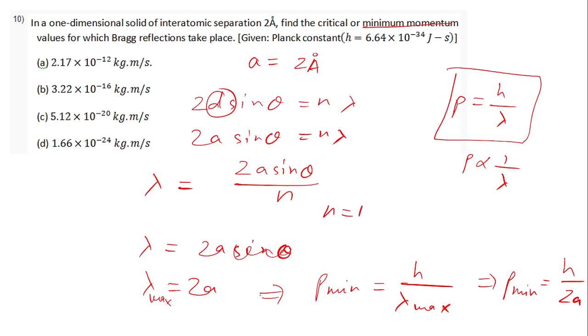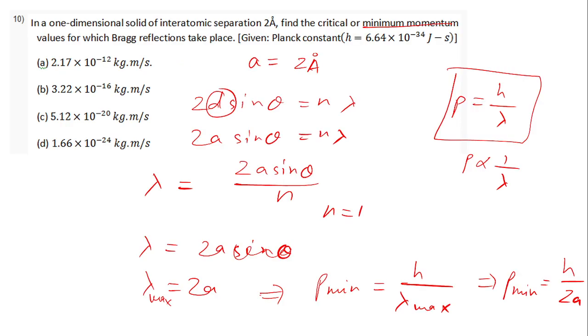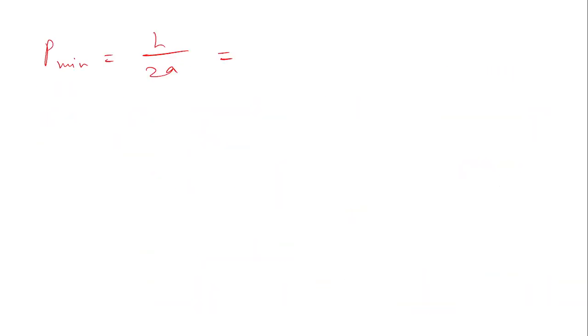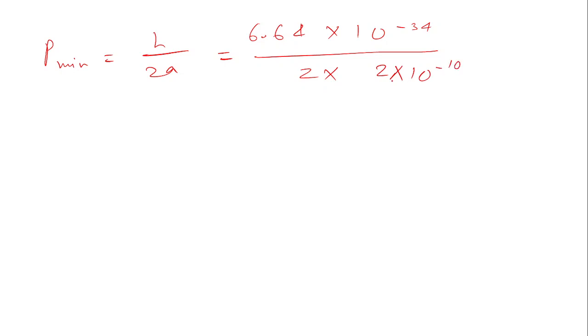Now we need to calculate this value. P minimum will be h over 2a. Value of h is 6.64 times 10 to the power minus 34 joule second divided by 2 times, and the value of a is 2 angstrom, means 10 to the power minus 10 meters.